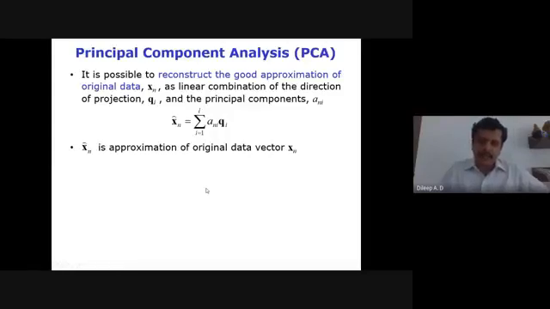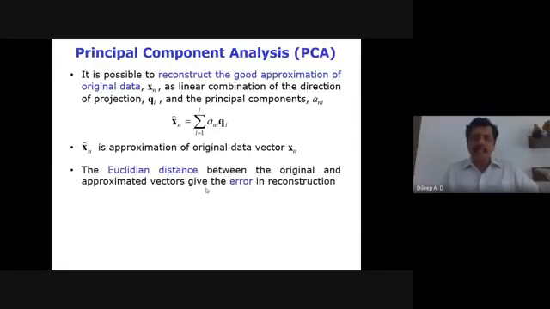Why do I call it an approximation of the original vector? Because the original representation is d-dimensional, but the approximation xn cap is reconstructed from the reduced or compressed representation. If you compute the Euclidean distance between the original representation xn and the approximated representation, you get the error of this reconstruction.